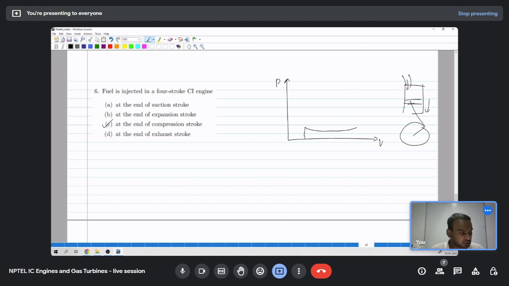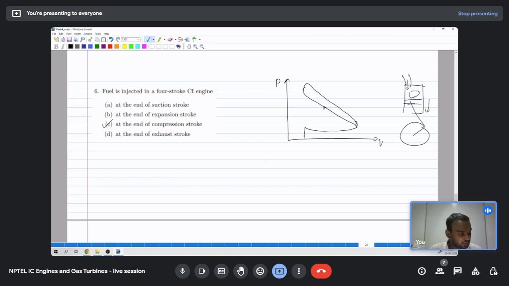Because of that, the pressure inside the cylinder will be slightly less than atmospheric pressure. Then after suction is over, we compress, and the pressure increases and reaches a maximum value. At this point we inject the fuel, combustion occurs, the pressure rises further, and then it expands at a higher pressure compared to the compression curve.